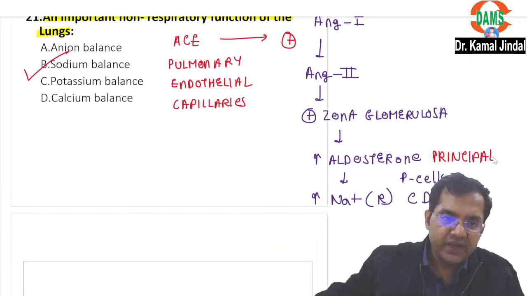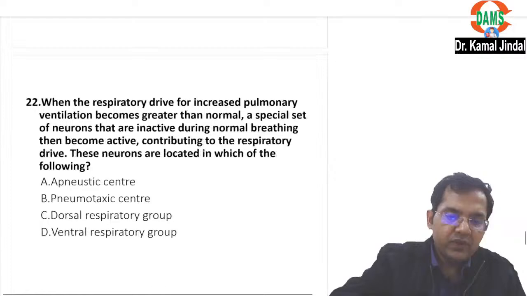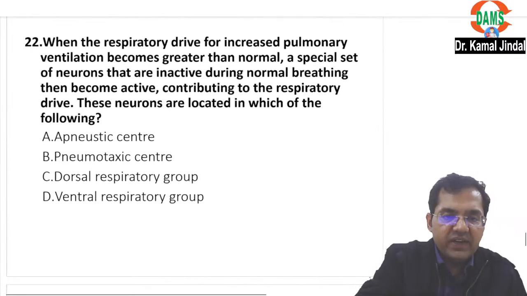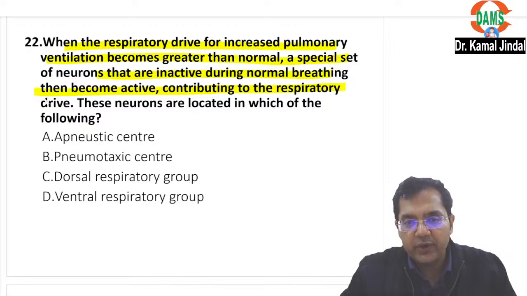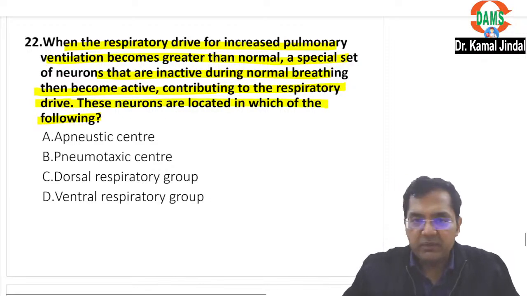Moving to 22 now. So when the respiratory drive for increased pulmonary ventilation becomes greater than normal, a special set of neurons that are inactive during normal breathing become active, contributing to respiratory drive. So where are these neurons located? Remember, I was just telling you earlier that we have a DRG and VRG.